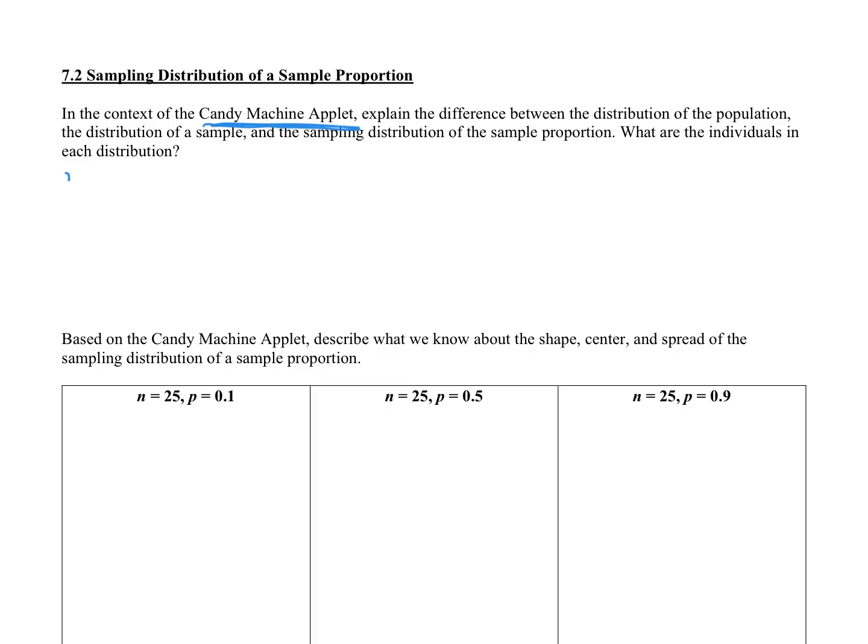Okay, so first of all, individuals. Of course, it is the candy. Each individual piece of candy. The population is all the candies and their individual colors.